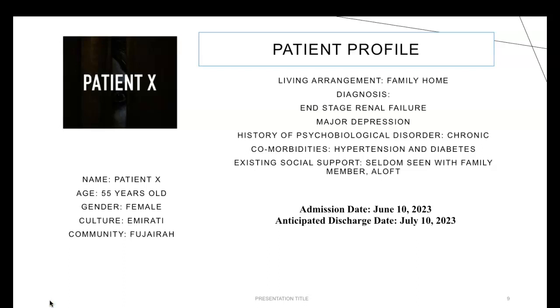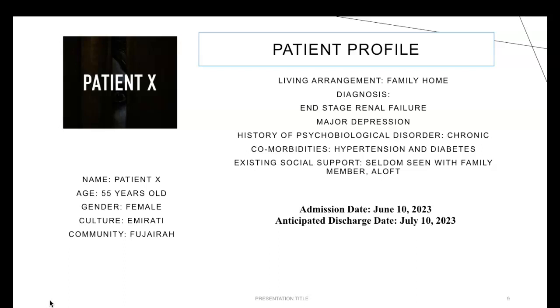In relation to my case study, the patient profile is as listed. The name of the patient is Patient X, age is 55 years old, gender is female, culture is Emirati, and community is in Fujairah. Living arrangement is a family home, with a diagnosis of end-stage renal failure and major depression.